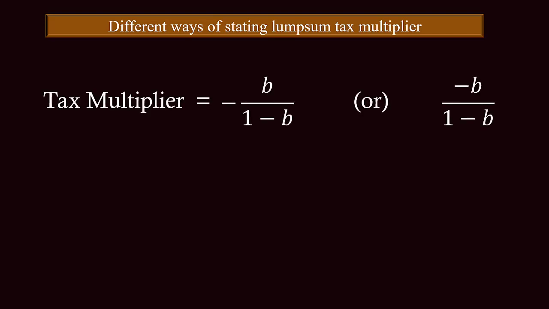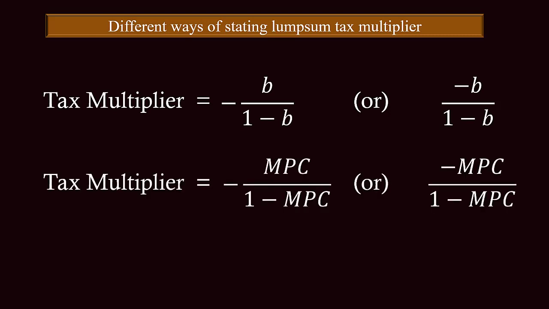Different ways of stating lump sum tax multiplier. Already in part 1, I introduced the formula negative b over 1 minus b, in which b is marginal propensity to consume. Tax multiplier can also be stated as tax multiplier equal to negative MPC over 1 minus MPC.